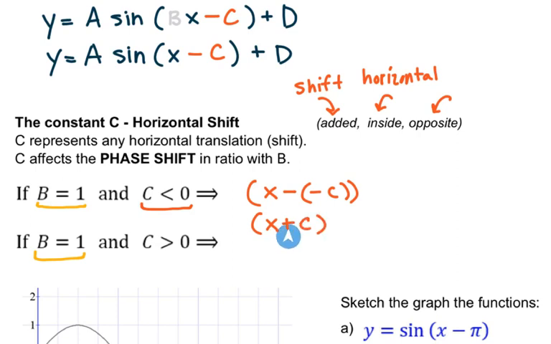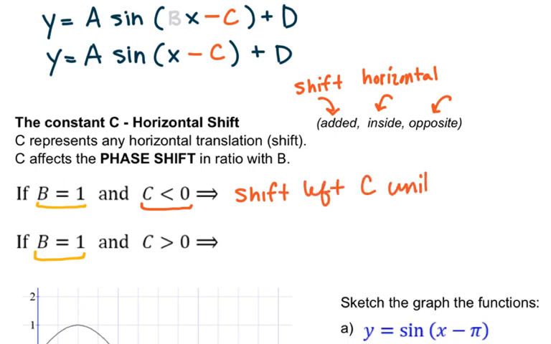So we would think that looks like it goes right, but if we have a negative c value, we're actually going to shift left c units. And if the c value is greater than 0, we're going to shift right c units.